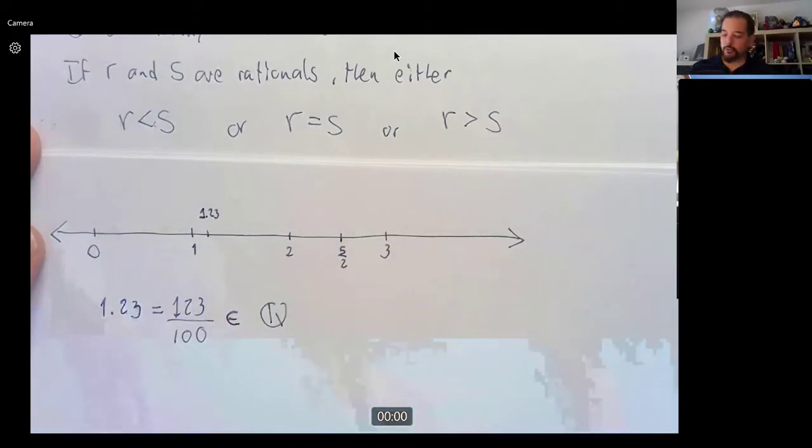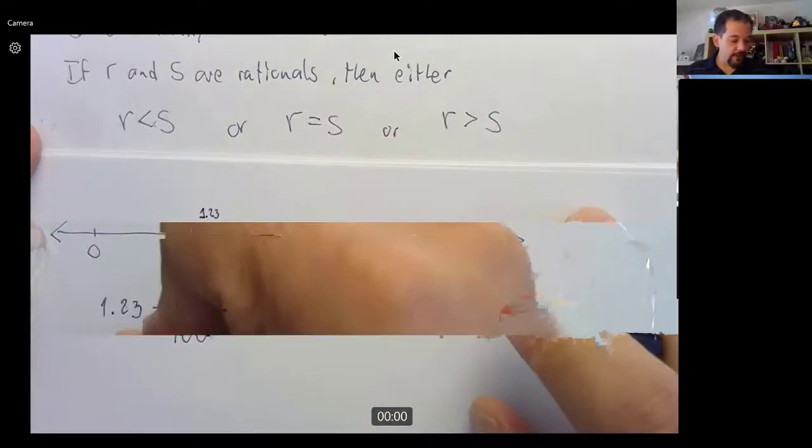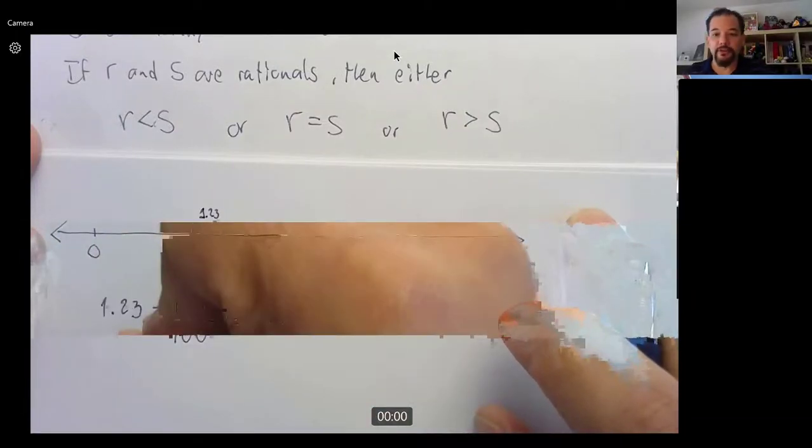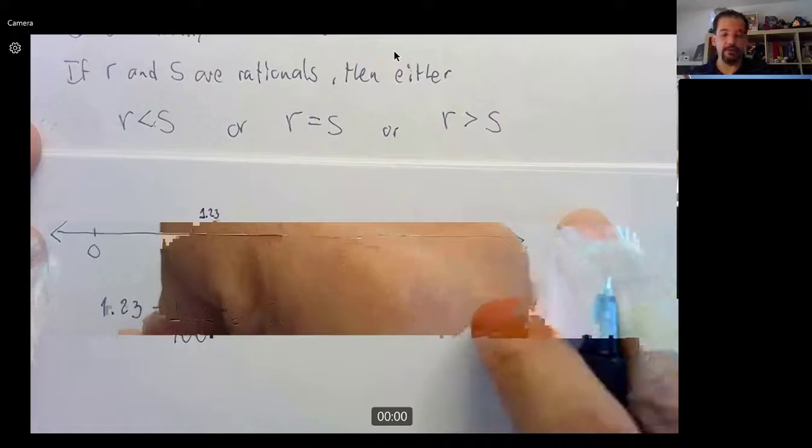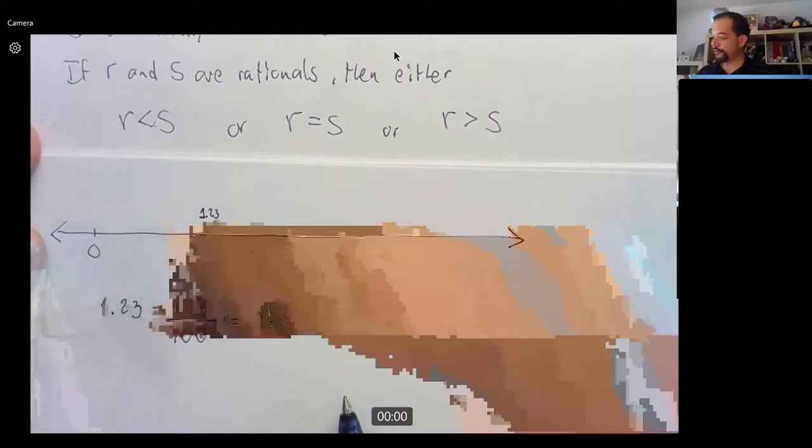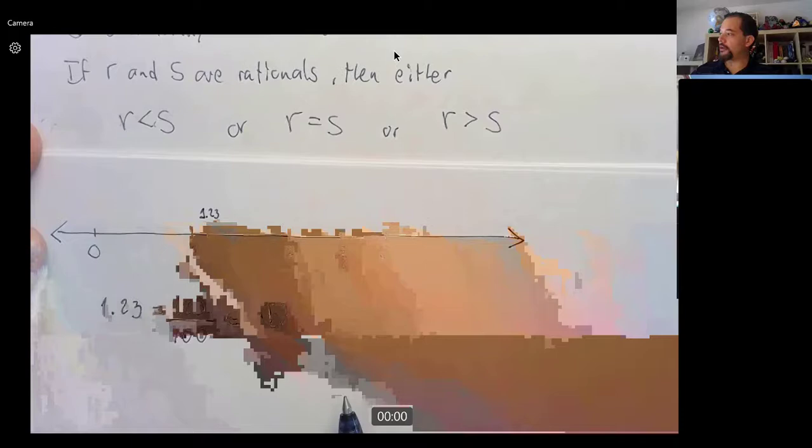So we can represent rational numbers on this line, and a beautiful property that the rational numbers have is the following. If you have two rational numbers, it doesn't matter where they are.